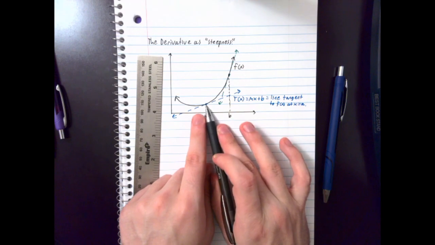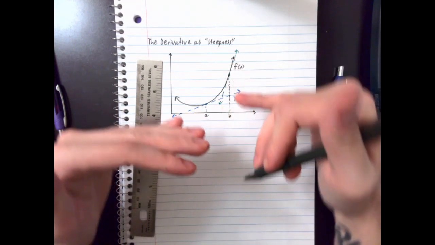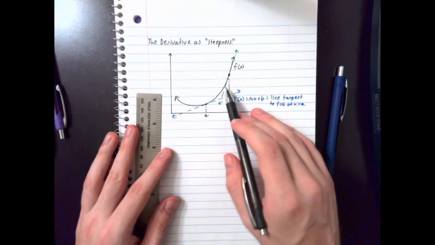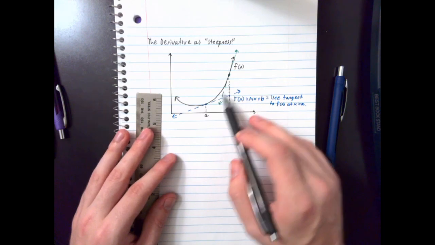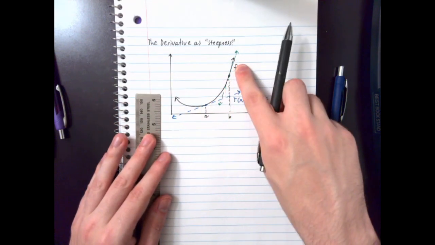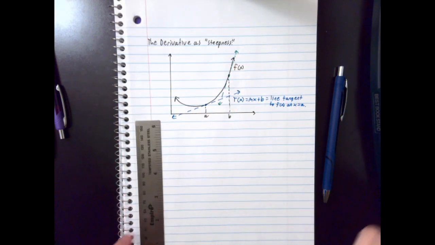As the slope of the tangent line is more shallow, closer to 0, the slope of the function is smaller. It's more shallow, but as we make the function steeper, so too does the slope of the tangent line change.